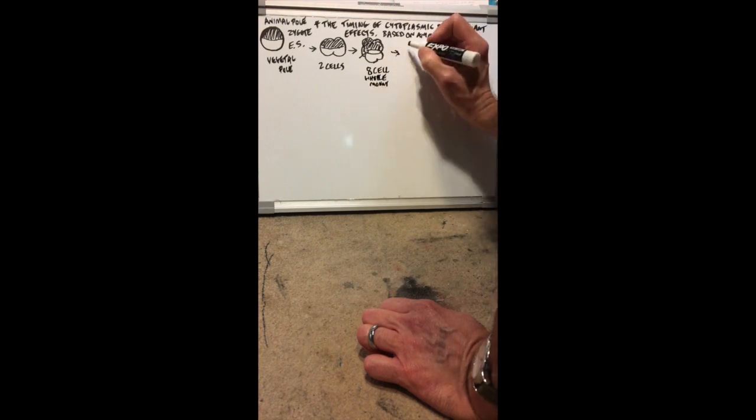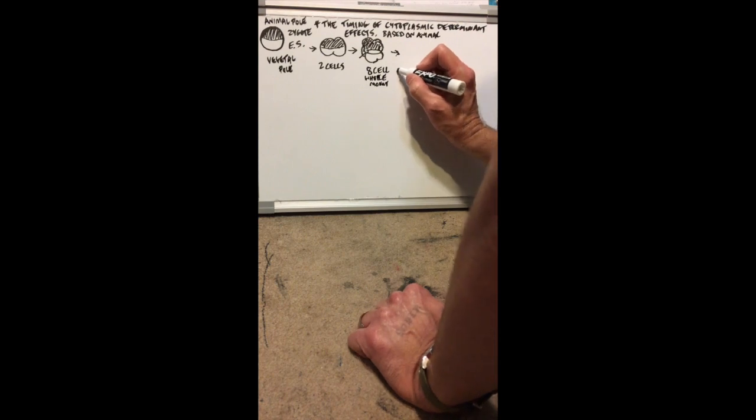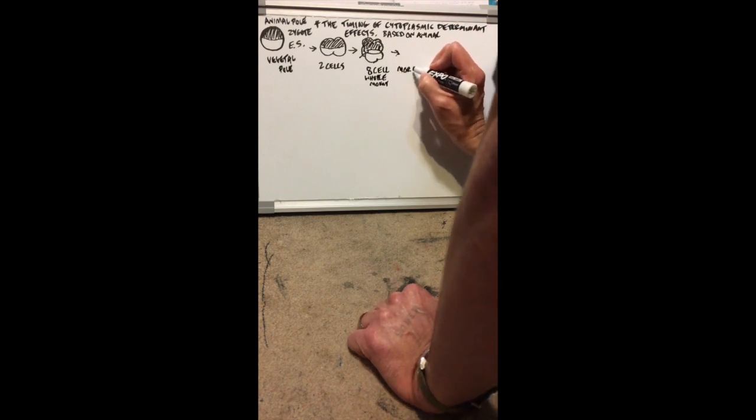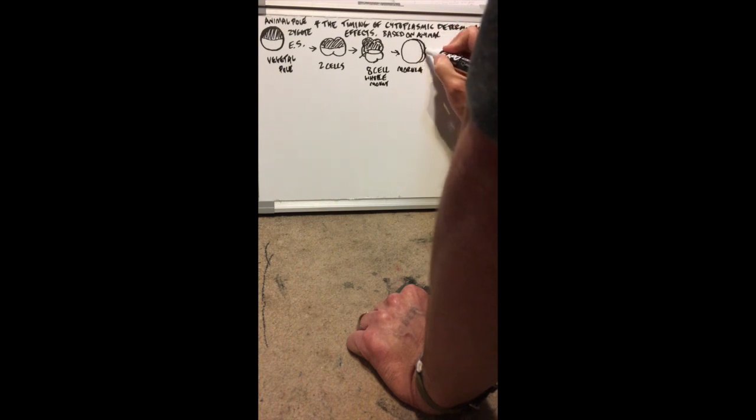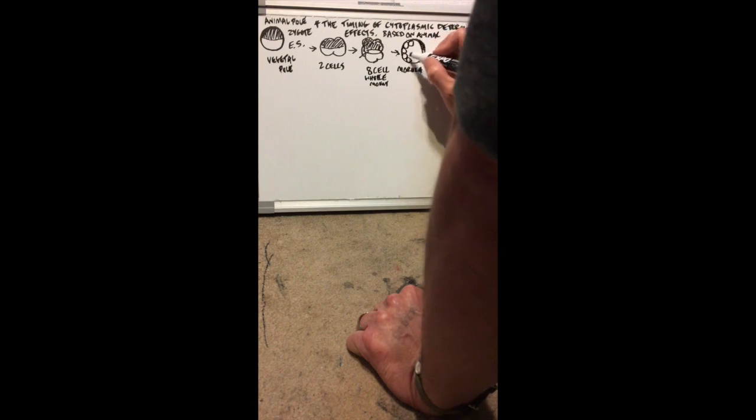We're going to move from that kind of drawing to a cross section. So at some point, this organism is a ball of cells, anywhere between 16 and hundreds of cells.